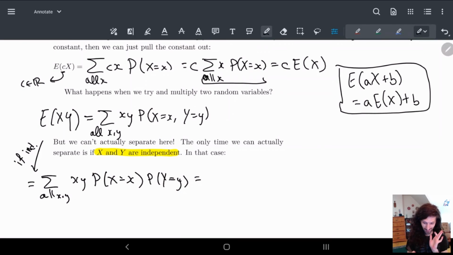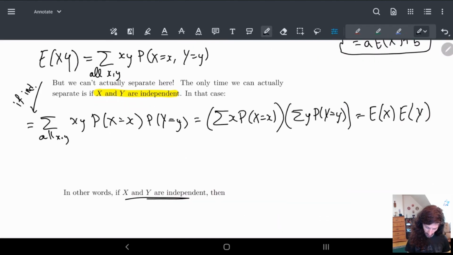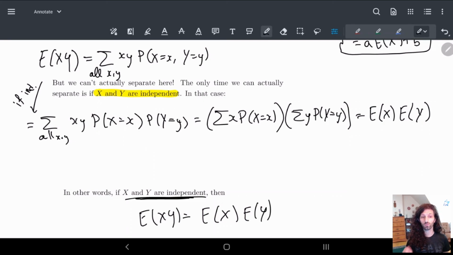So just note that. What this gives us is p of x equal to x times y, p of y equal to y. And so here we can just multiply them together. So the key point is if x and y are independent, then we can separate them. Or else we can't assume that we can multiply them out. So this only works if they're independent.